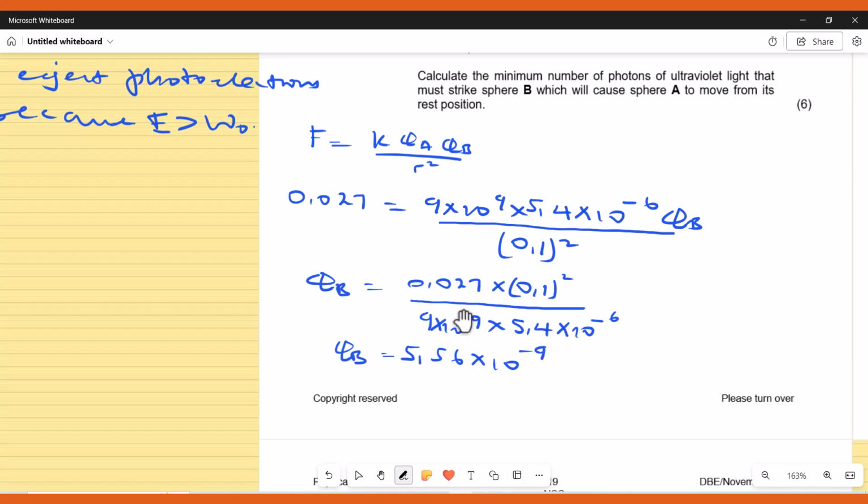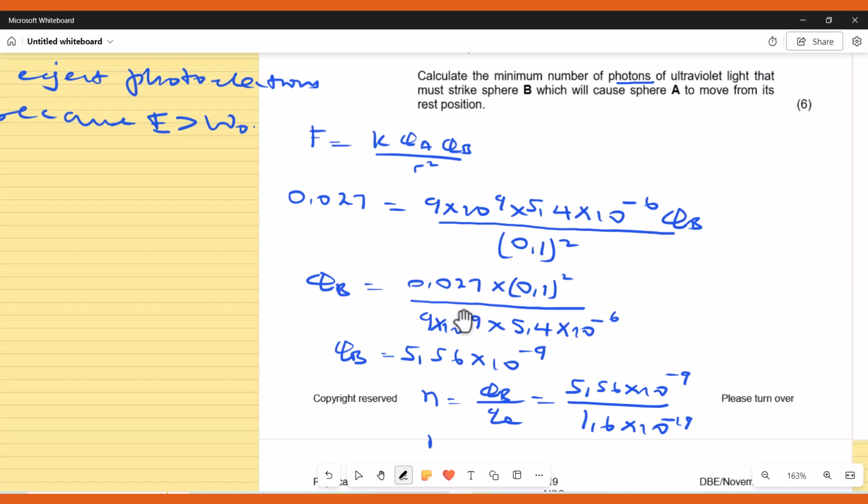Like I said before, the number of photons is the same as the number of electrons. So now that I have the charge, let me find the number of electrons. The number of electrons equals the charge on sphere B divided by the electronic charge: 5,56 times 10 to the power negative 9 divided by 1,6 times 10 power negative 19.